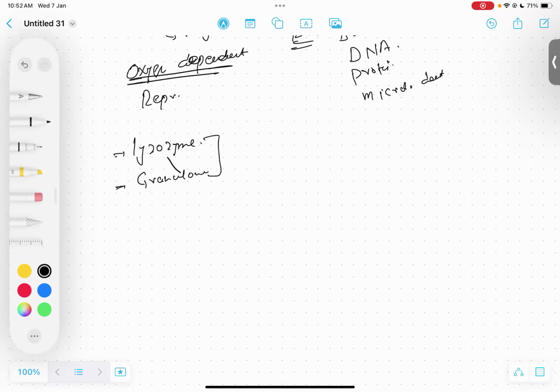So these are the enzymes that are usually produced by CD8 cytotoxic T cells that will make pores in the cells, and as a result the water will move inside the cell and will cause lysis of the cell. This is called oxygen independent killing. Okay, doctors? So this is the oxygen independent killing.